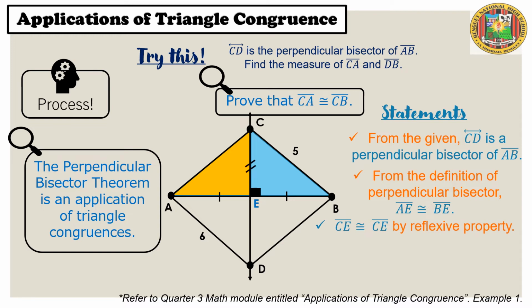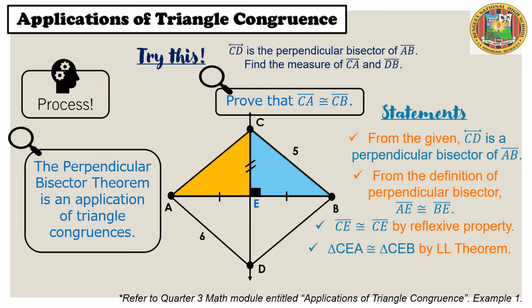Since CD is a perpendicular bisector of AB, that means there is a right angle formed at the intersection, which also means the triangles CEA and CEB are right triangles. From the proven congruent parts, we have proven that the two legs of the right triangles are congruent.